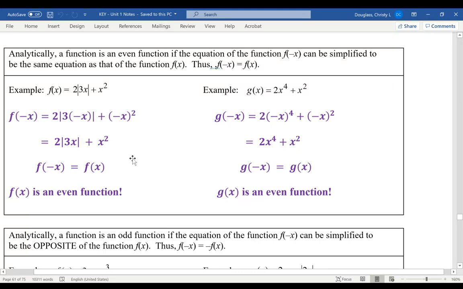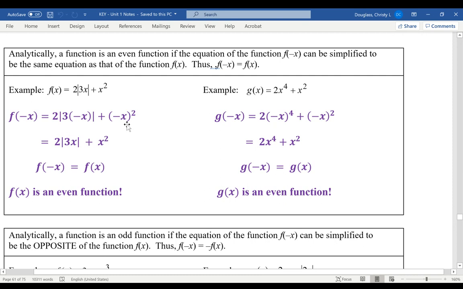The absolute value of x and the absolute value of negative x are exactly the same number. So that's why it really doesn't make a difference if we replace x with negative x in the absolute value bars. It will be equivalent to having x in the absolute value bars without the negative sign. So that's why I can say at least that part is equivalent.